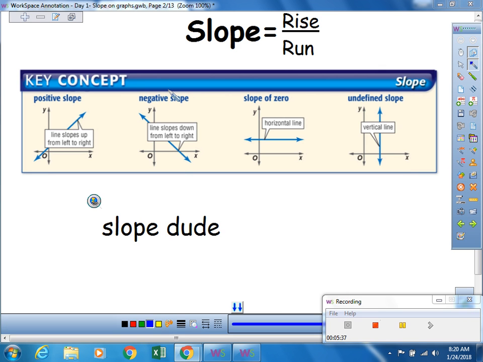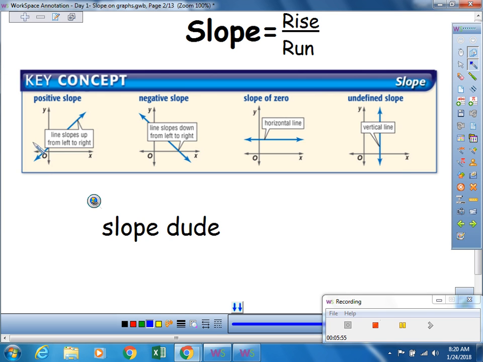So, you might want to write these in your notes. Just do a quick little coordinate plane, make a positive slope. You always read a graph left to right, just like you read a book.